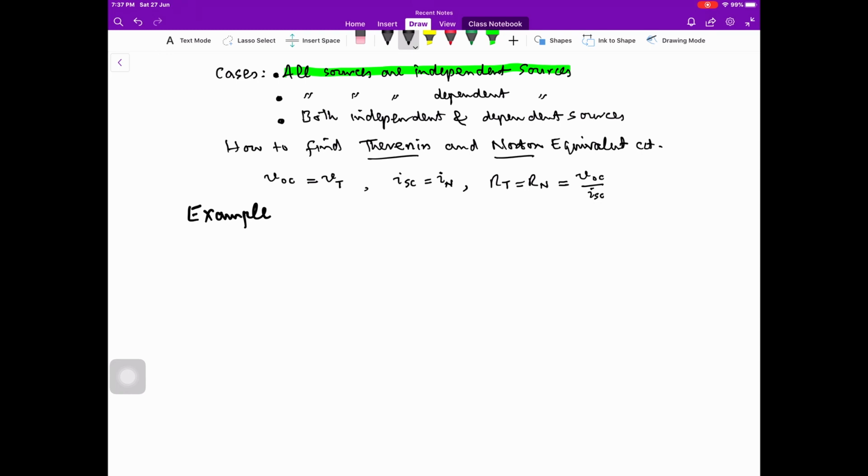In this example, if you see part 1, we selected a circuit with all independent sources, and over here 6K and an independent current source of 2 milliampere, a resistance 3K, and a resistance over here 4K, and here is our load.